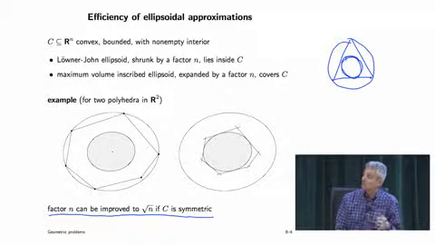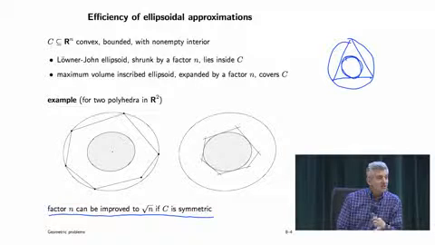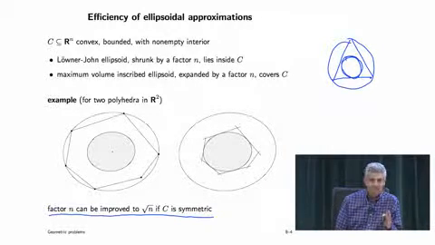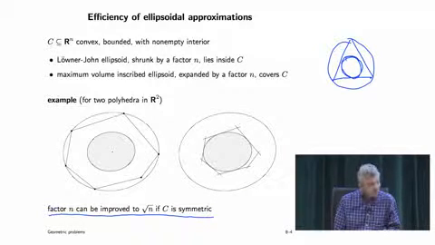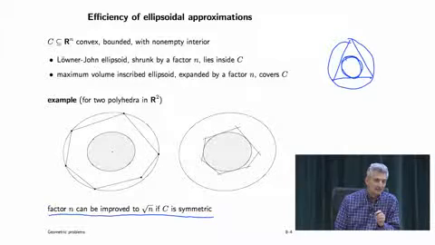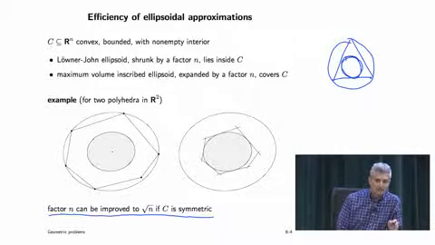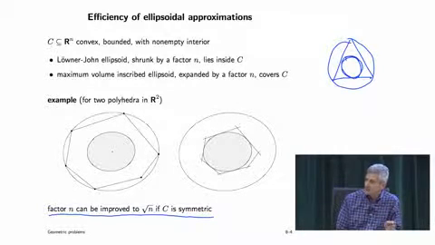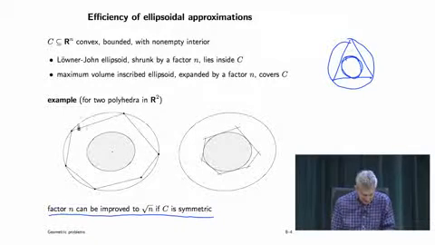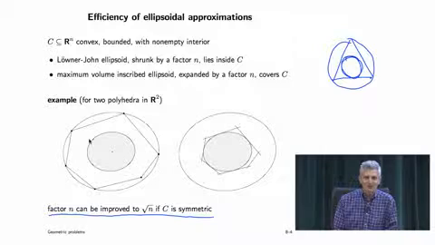So an example would be a norm ball. Then it says this factor is not n but square root n. Okay? And I said something obscure at first. I said any convex set can be approximated by an ellipsoid within a factor square root n, right? And so let me explain what I was saying. I take the minimum volume one and I divide it by square root n, right?